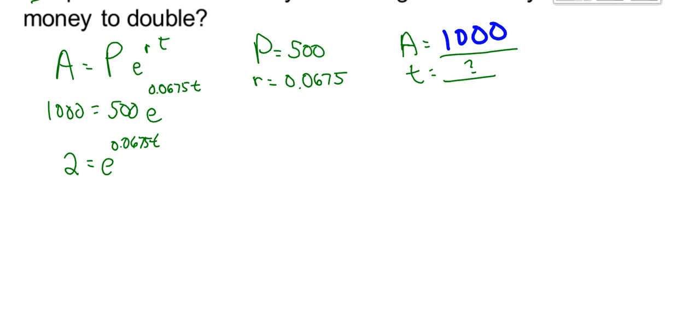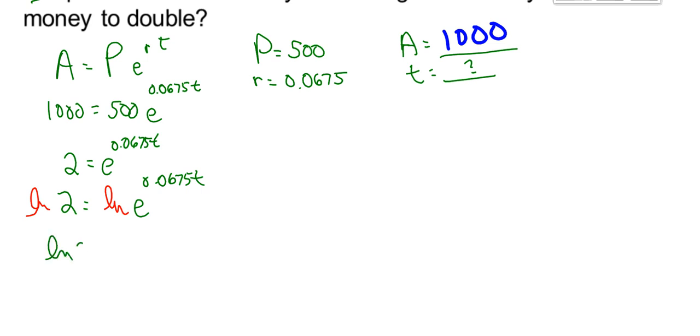And so now, oh look, it's e to a power with our variable in there. So let's take the ln of each side. I get the ln of 2 equals the ln of e to the 0.0675t. On the left, that's just the ln of 2.